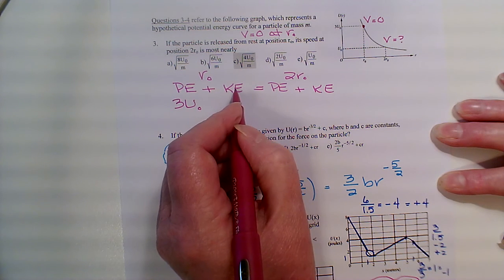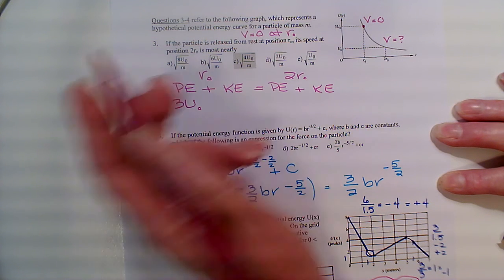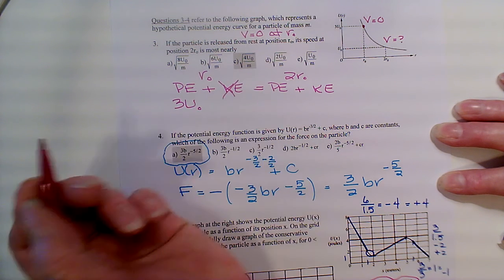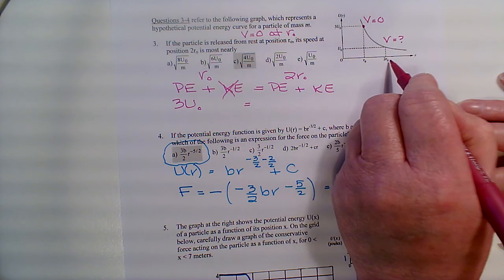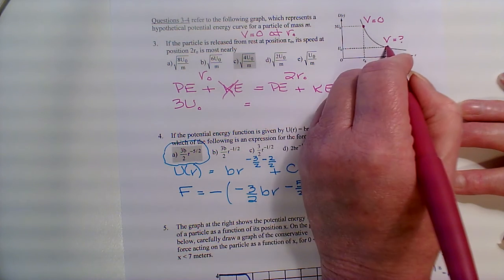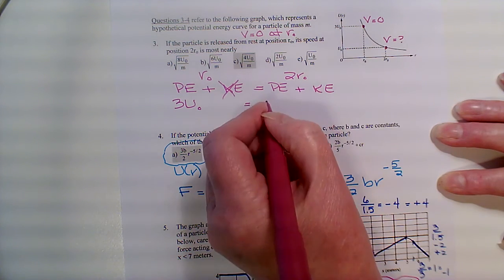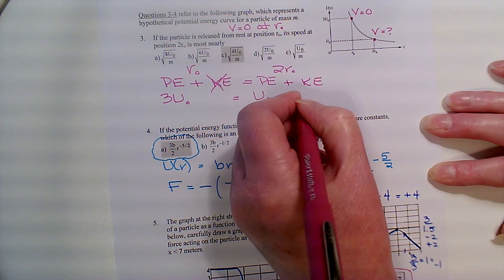We know that the kinetic energy at R0 is 0 because it starts at rest, so plus 0, I'll just cross that out, equals. And then over here at 2R0, we can read the potential energy right off the graph. It's U0. So then I'm going to say plus KE.